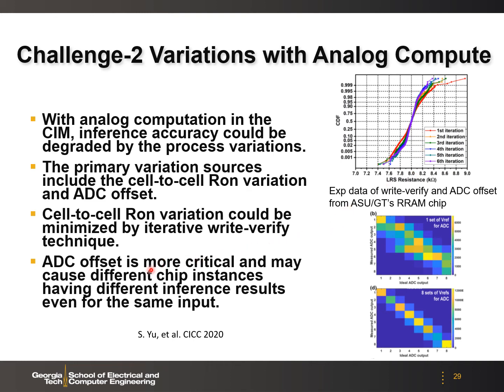But the ADC offset is post-manufacturing and cannot be tuned. So here we show the measured ADC output versus the ideal ADC output, and you see the spread. Although we can fine-tune the references to try to tighten the distribution, we still see the ADC offset is a key parameter limiting the accuracy for the inference.